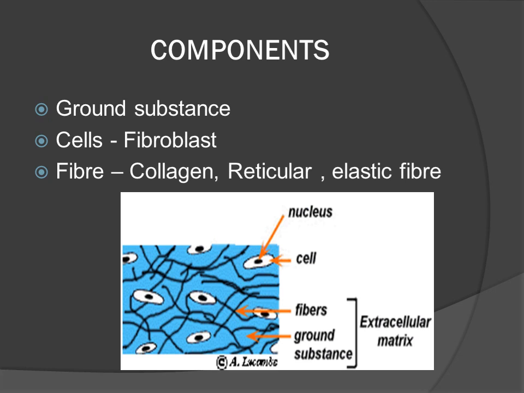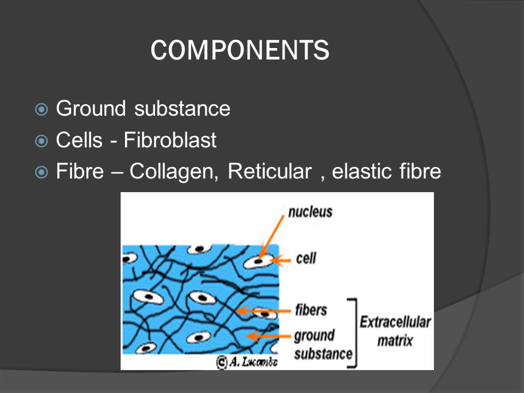Fine. Then one more point I mentioned here is these fibers are of three types. What are the three types? The first one is collagen fiber, second one reticular fiber, and the third one elastic fiber, right?